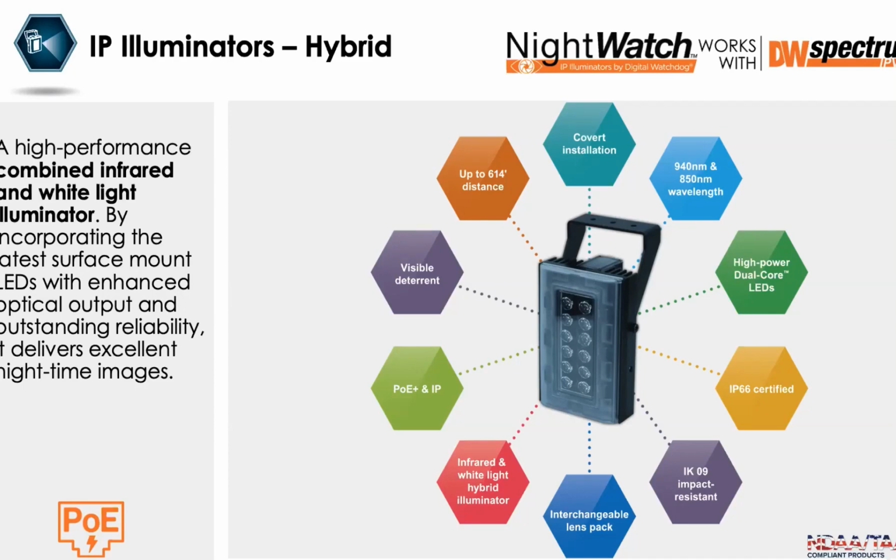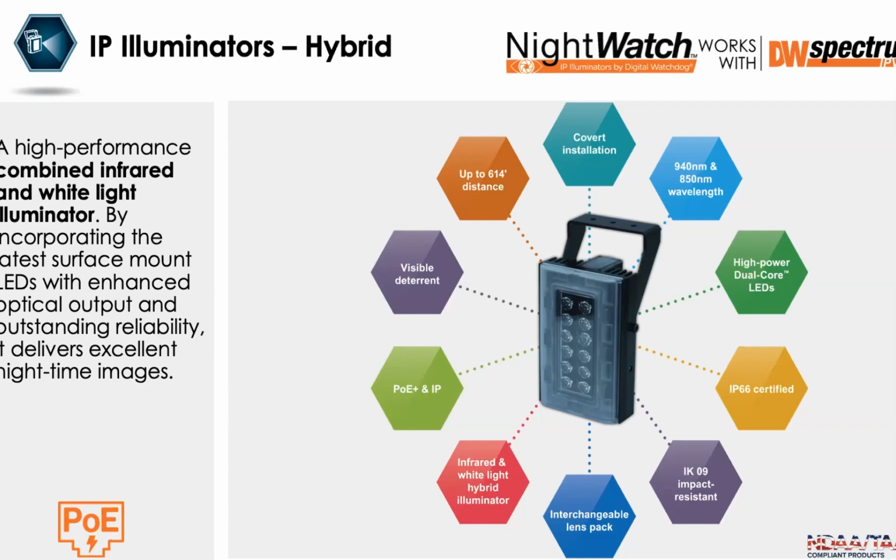On the IR, it works with both 940 and 840 wavelengths. It's IK9, IP66 certified. So the hybrid works with both infrared illuminators as well as white, visible light illumination.